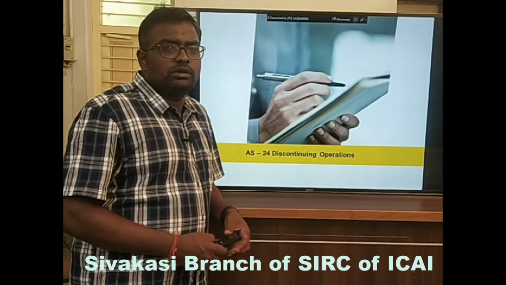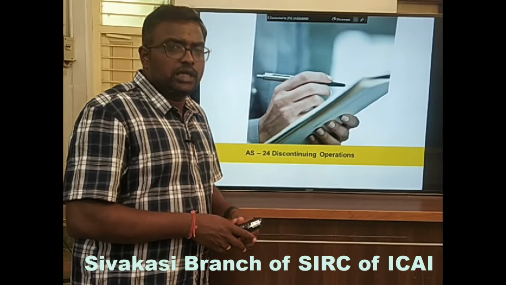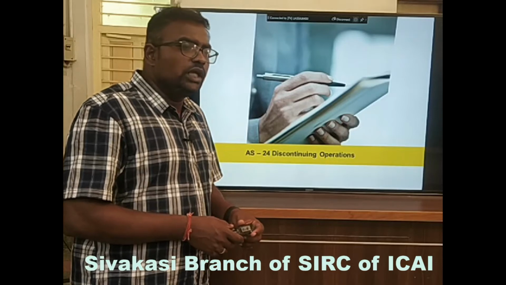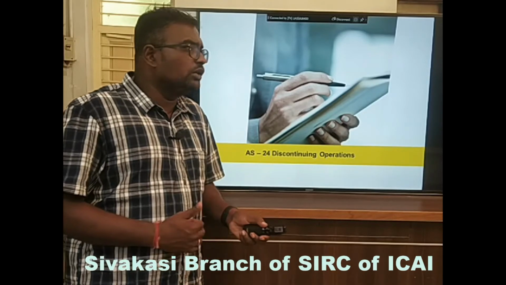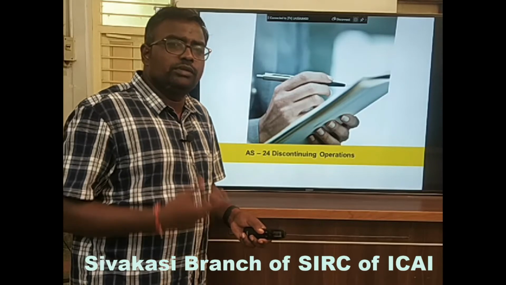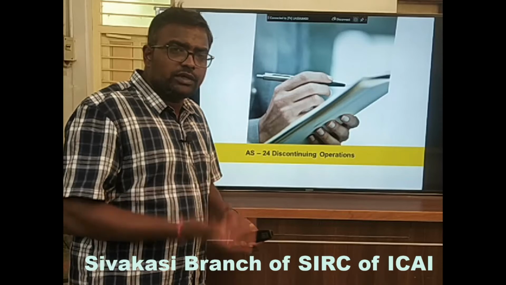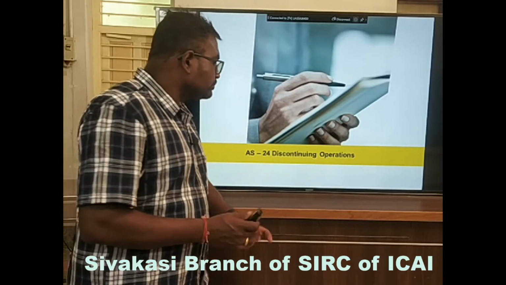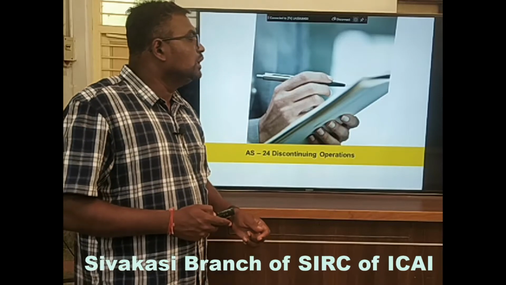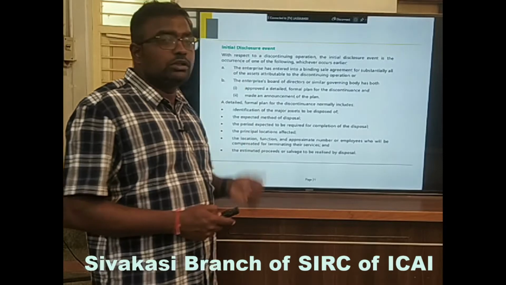You have to make whatever disclosures are required under the standard. This standard requires us to disclose something about the discontinuing operation, so that the users of financial statements are well informed to take decisions whether to invest further or withdraw their investment, etc. This standard requires something called an initial disclosure event.